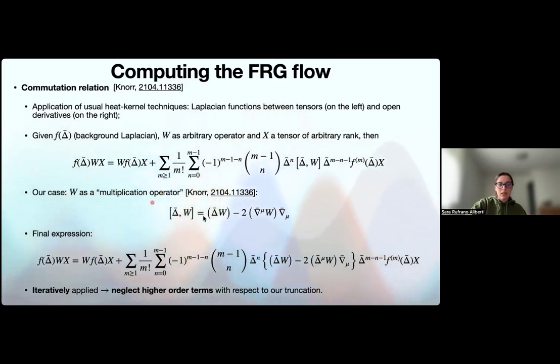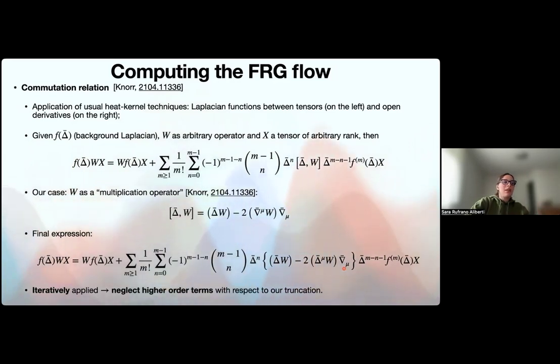In this case, the commutation relation is given by this right-hand side that, replaced in this general expression, leads to the final formula that we iteratively applied to each term got by the Parker-Fulling expansion in order to get a suitable form for each term for applying the usual heat-kernel techniques.